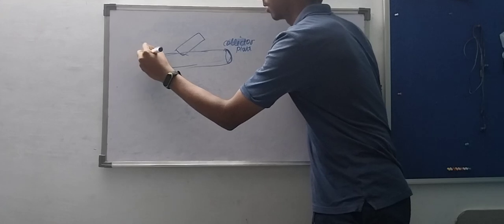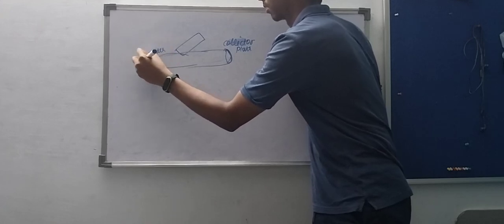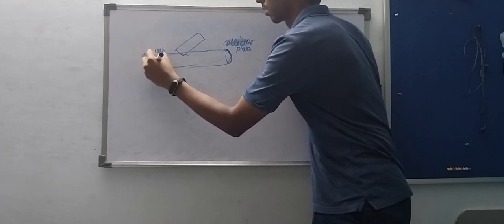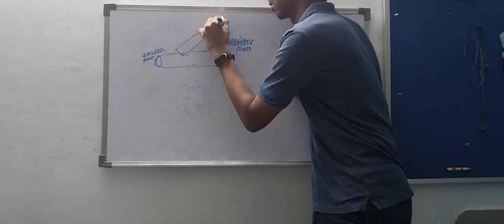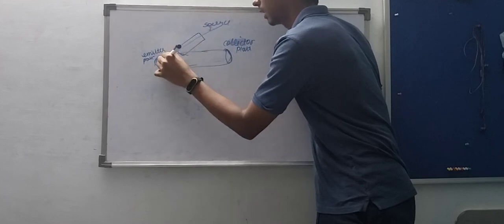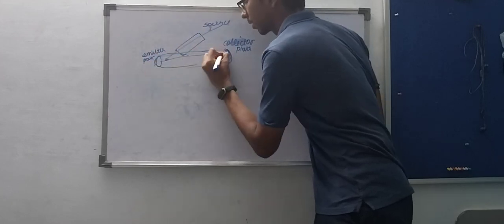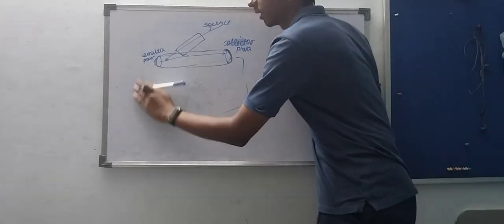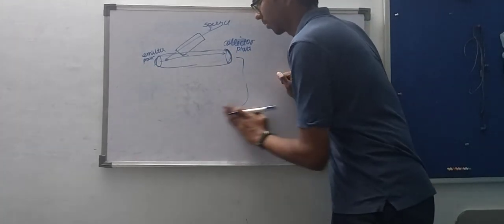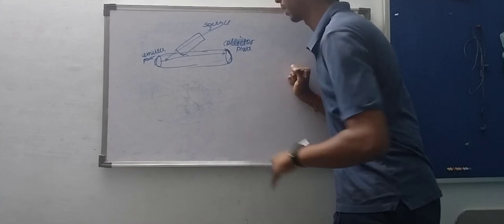This is the emitter plate. This is the source, which is sending in the radiation so that the emitter can emit electrons and the collector can collect them. And this circuit is there, but that's not important to what we're doing right now.